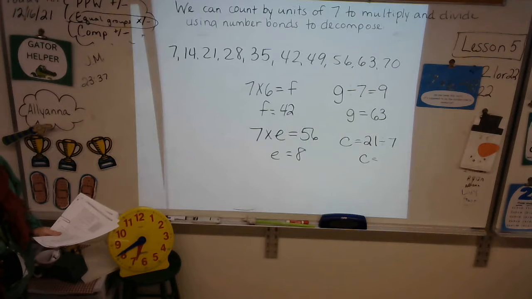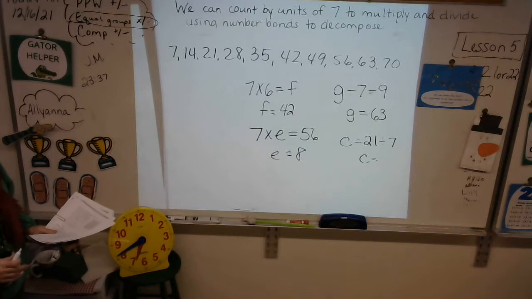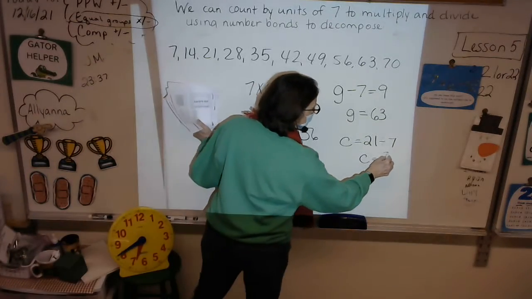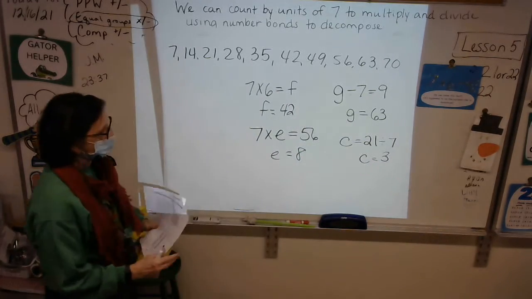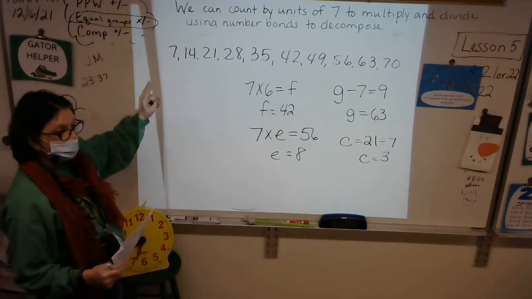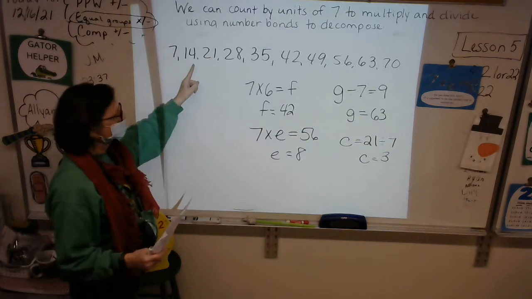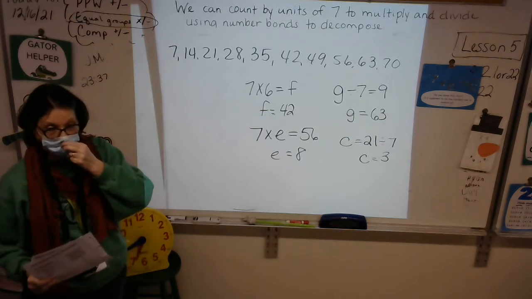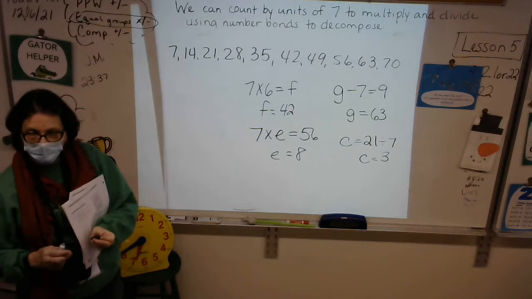Use your skip counting. C equals 3. How'd you get that, bud? You're right. Skip count 7 3 times. 7, 14, 21. 1, 2, 3. Your answer is you had to skip count 3 of them. Okay? Everybody get the idea?